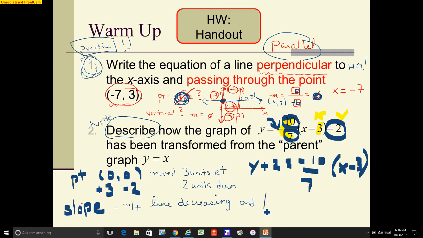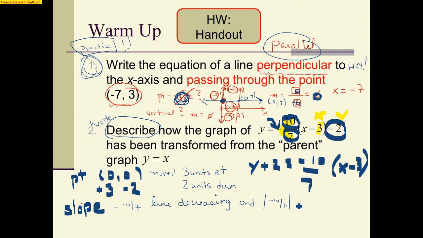And since the absolute value of negative 10/7 is 10/7, which is greater than 1, meaning the rise is greater than the run, the line is steeper than normal.